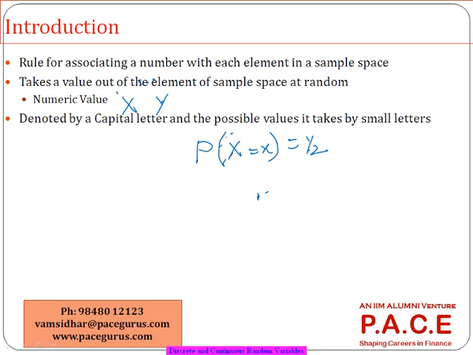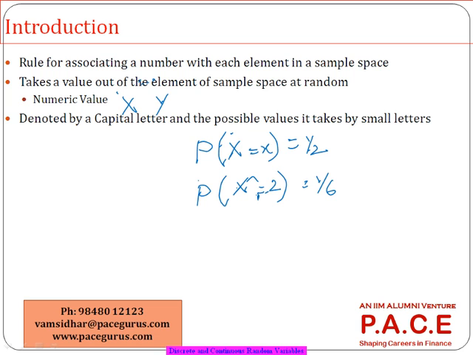So basically when I am tossing a coin, or when I am throwing a dice, the probability that X is equal to 2 means the dice gets a value of 2, right? The probability that the dice gets a value of 2 is 1 by 6.